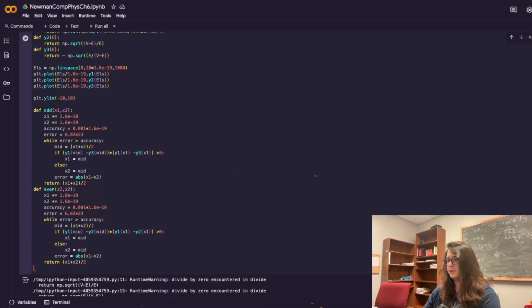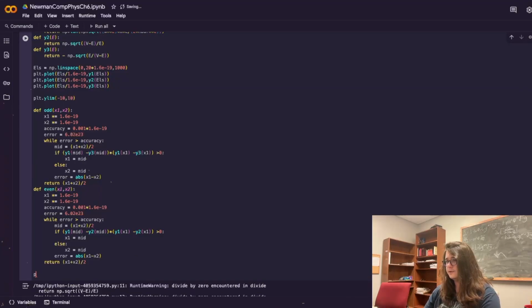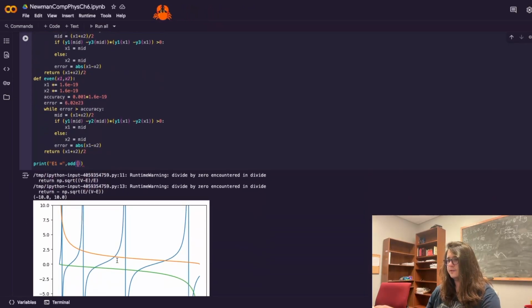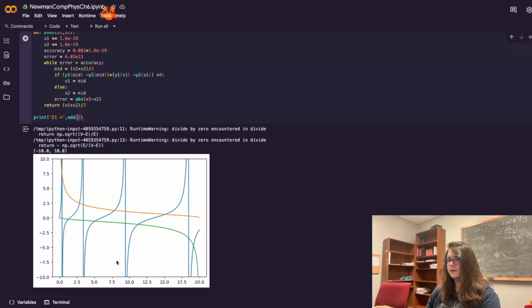At the end, we can print out a bunch of energy values, so print, let's do E1 first, which is, of course, going to be running odd of, let's see, where is the first solution going to be? It's going to be in between like 1 and 2.